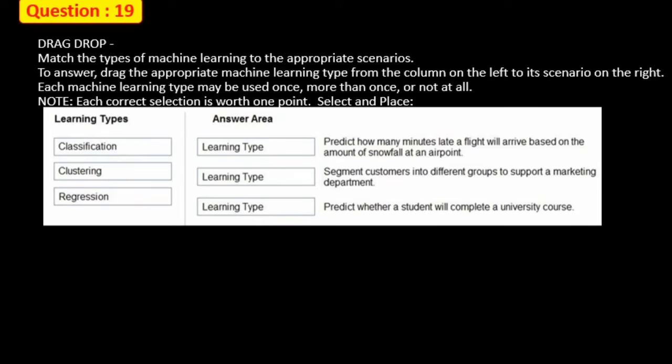Definitions are given as. First one is, predict how many minutes late a flight will arrive based on the amount of snowfall at an airport. Second is, segment customers into different groups to support a marketing department. Third, predict whether a student will complete a university course.